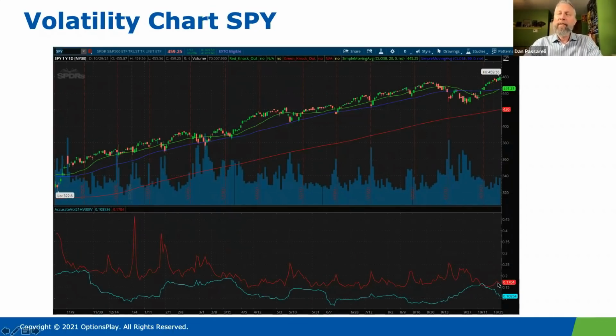If I'm selling covered calls or cash secured puts or even credit spreads, this is a nice picture because I know I'm selling options that are somewhat overpriced. I know I'm getting a statistical advantage because the value of the options is higher, my time decay is higher. Or even if I just hold them all the way to expiration, I'm making more than I would if volatility was lower because the options are worth more.